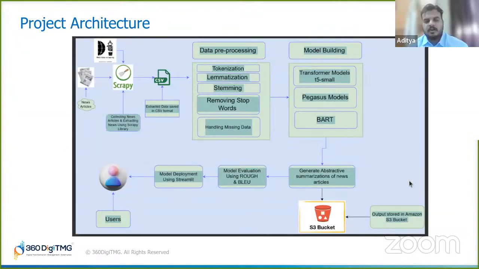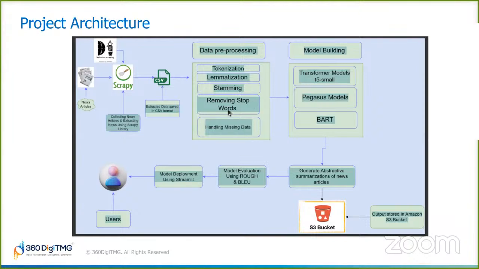Why don't you just walk us through the project architecture once and explain to everyone what is going on? Yeah, sure. Our client is Malaysian, and we have worked on Malaysian websites. We extracted news articles from websites like Malay Mail, Borneo Post, and The Star.